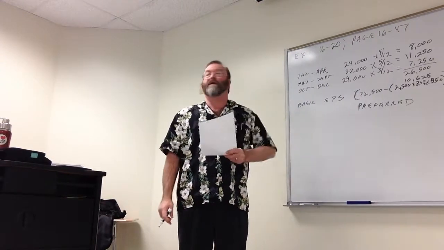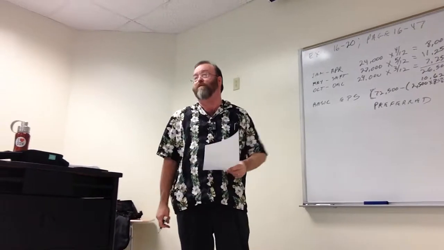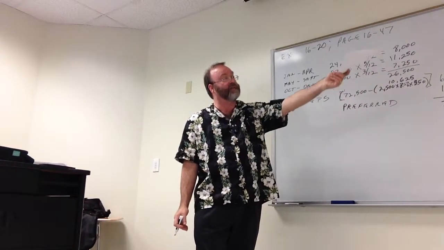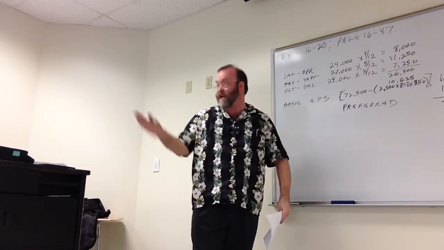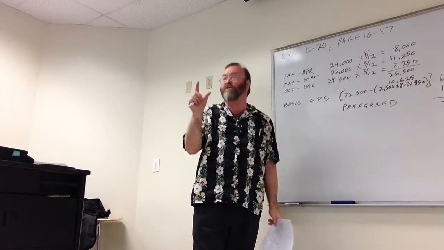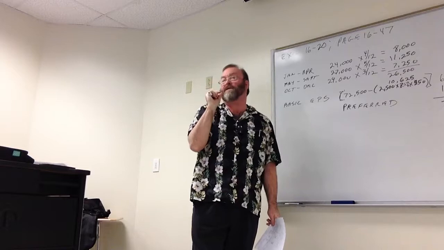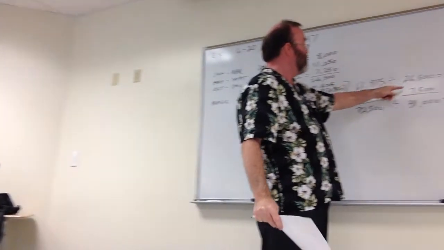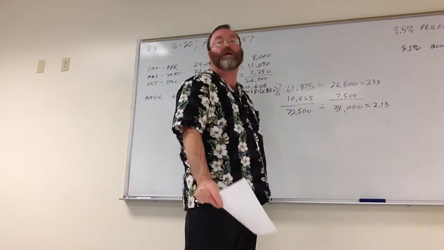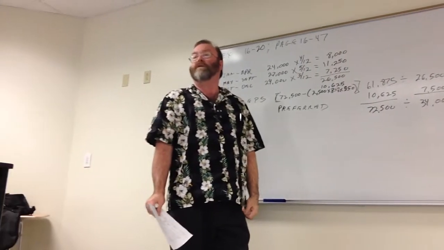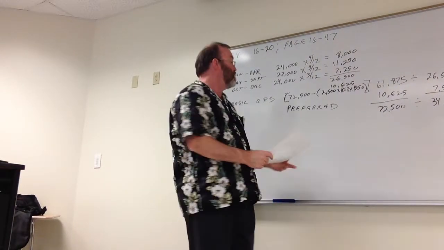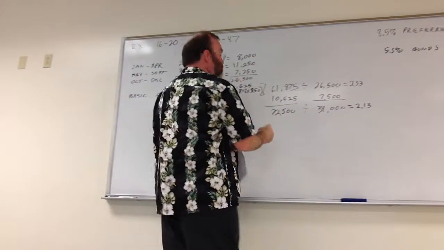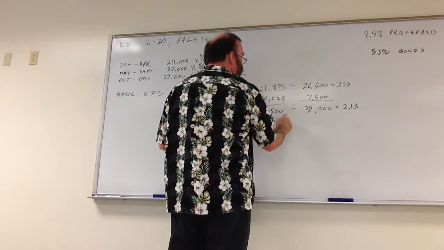Now, what about the bond? Is the bond dilutive or anti-dilutive? We're at $2.13. The bond has an impact of $1.93. You're correct, it's dilutive. It's still lower than where we're at. So you need to include the bond. The numerator from the bonds is 7,625.